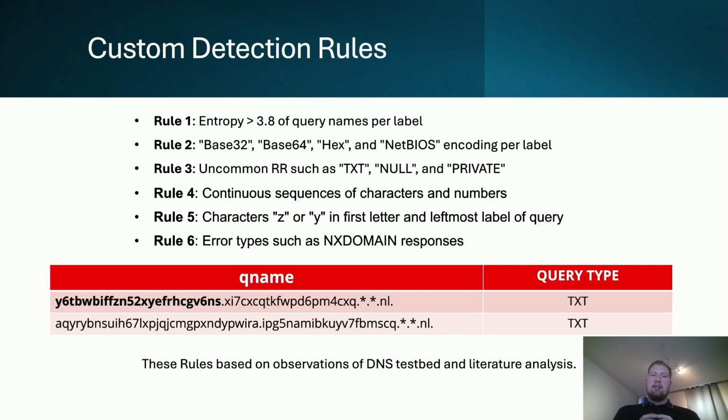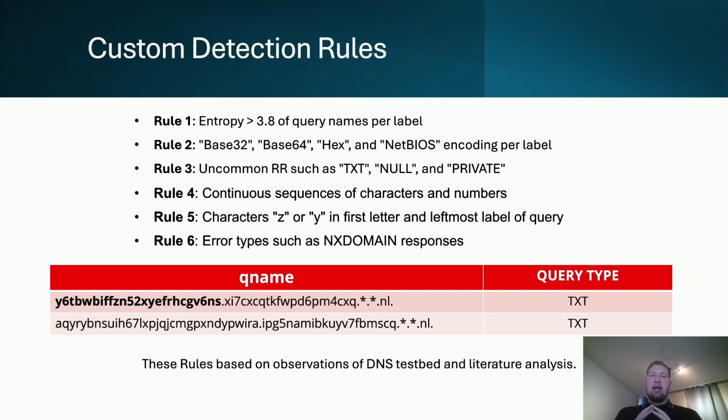In this slide we present the custom detection rules implemented on .nl traffic. Rule 1 detects the entropy of the query names per label. Rule 2 detects the encoding per label. The encodings here are base 32, base 64, hex, and NetBIOS.